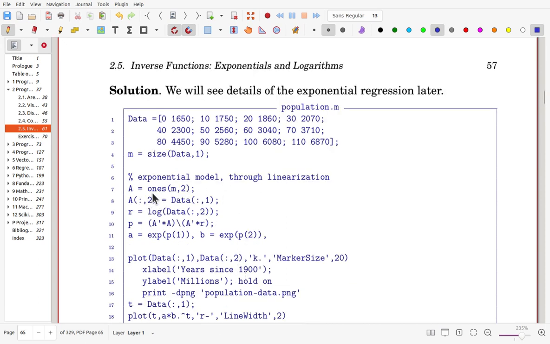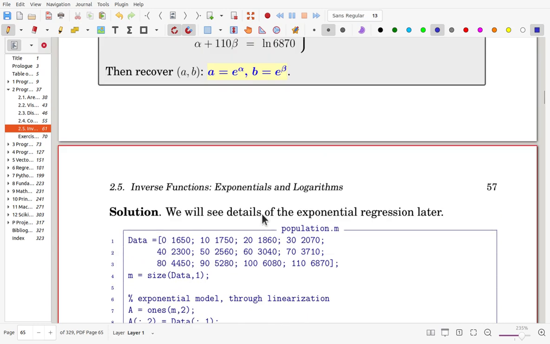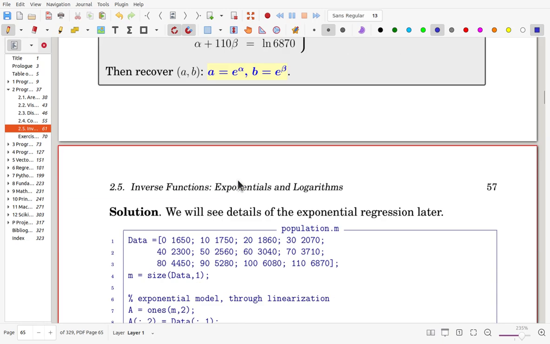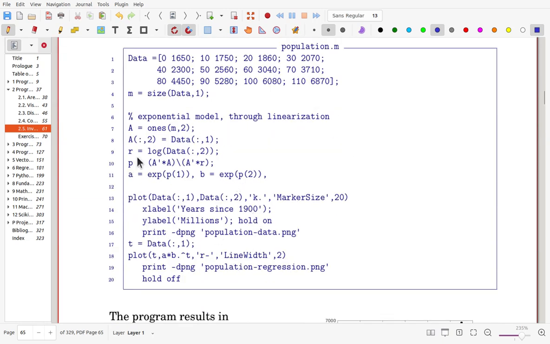Now here we open an array the same size as the number of data points, and it's 1. So in the beginning both columns are the value 1, and then the second column is changed by time, so the first column will be 1 and the second column will be time. So we are collecting A here, and now R is the p values along with the logarithm.